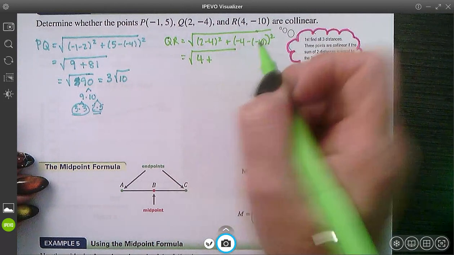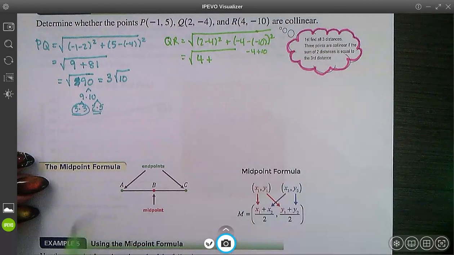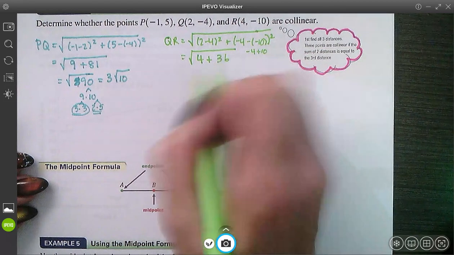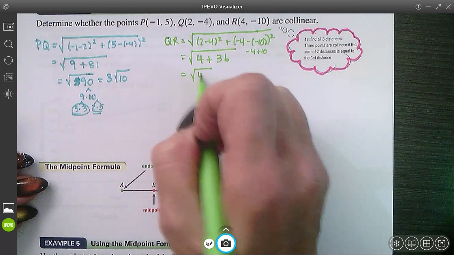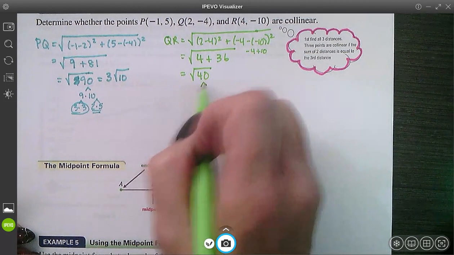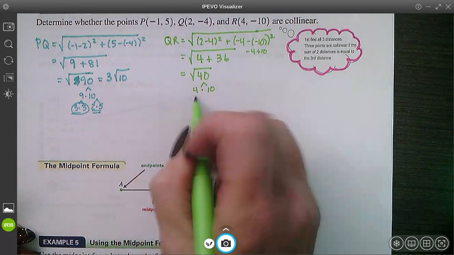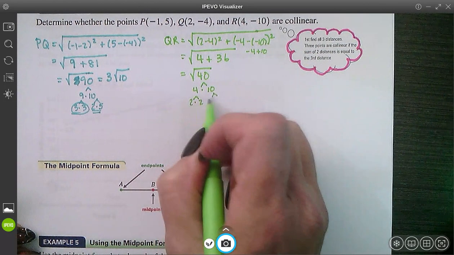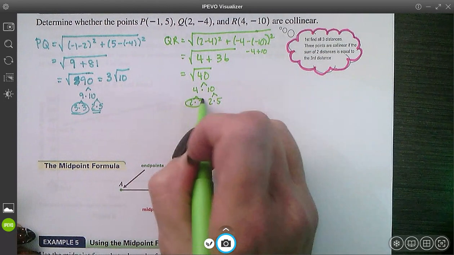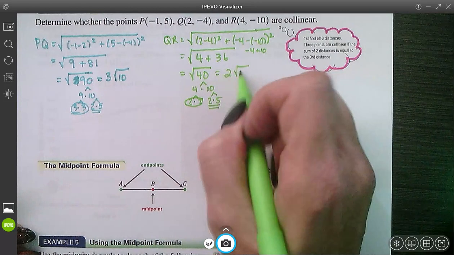Negative 4 minus negative 10 is the same thing as negative 4 plus 10, which is 6, and 6 squared is 36. So QR has a length of square root of 40. Square root of 40 simplifies, that breaks down to 2 times 2 and 2 times 5. So I get a pair of 2's out, 2 times 5 left in, which gives me 2 square roots of 10.